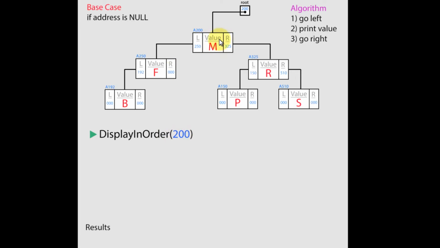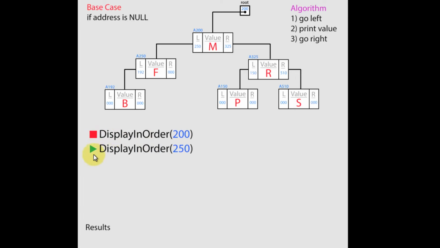Right, so here on the root node, the left is pointing to address 250, which is right here. So then we're going to need to call that, and we're going to need to hold on this function. So we're going to need to pause it. Okay, so the first function call was paused, which is indicated here by a little stop sign.